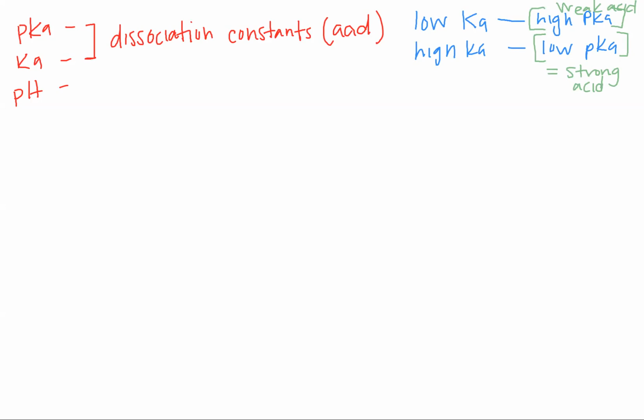Now, pKa and Ka deal with dissociation constants of our hydrogens, okay? That's why we don't really see strong base, weak base, because bases accept the protons. When we talked about protonation and deprotonation, please know that anytime you see H+, that is a proton, okay? Yes, it's a hydrogen molecule, but we call hydrogen molecules protons because all they are is H pluses.